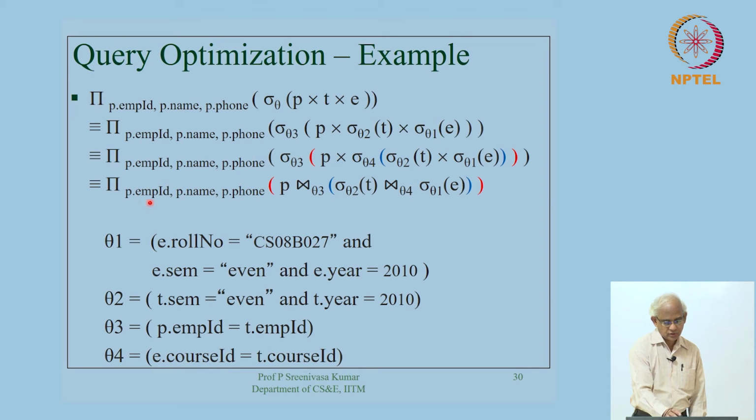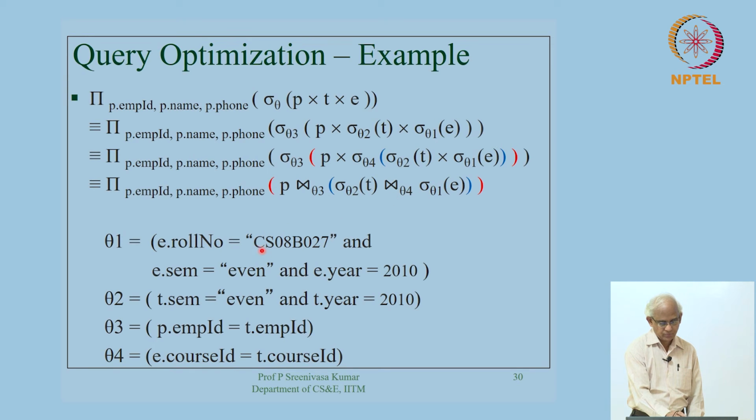In fact, what is it that is required of enrollment? In theta 4, what are the conditions that are there? Course ID and course ID here also. So you basically need course IDs. And what is theta 1?